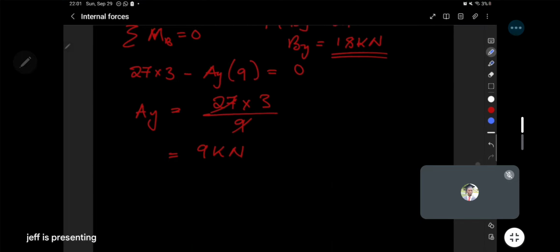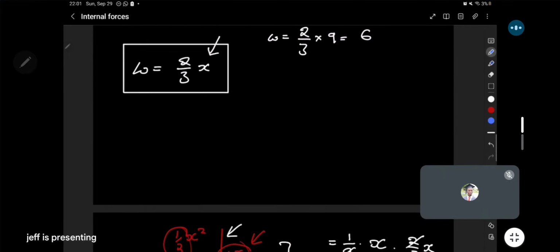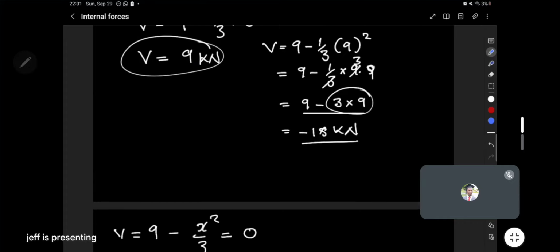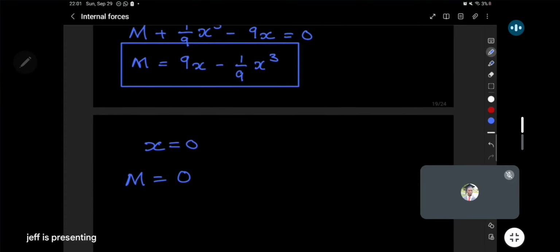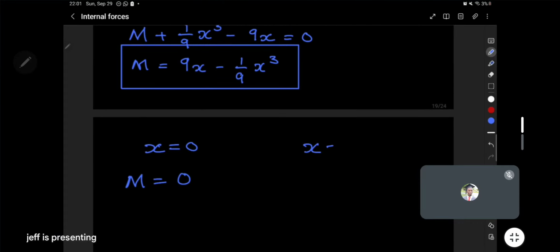Next, how about at point B? At point B, x is 9. So there, we're going to put 9 where there's x. So this is what we have.